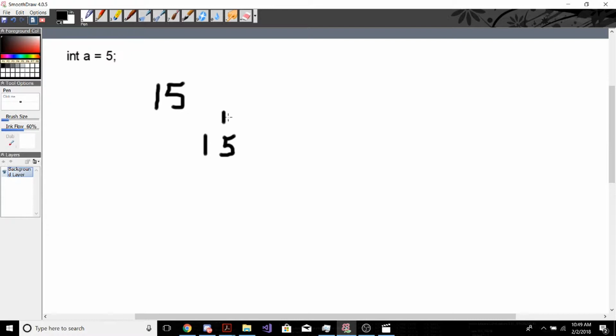You can also put this as 10 to the 0, 10 to the 1. Okay, so 10 to the 1 is what? 10. 10 times 1 is 10. So we do 10 to the 1 times 1 plus 5 times 10 to the 0.